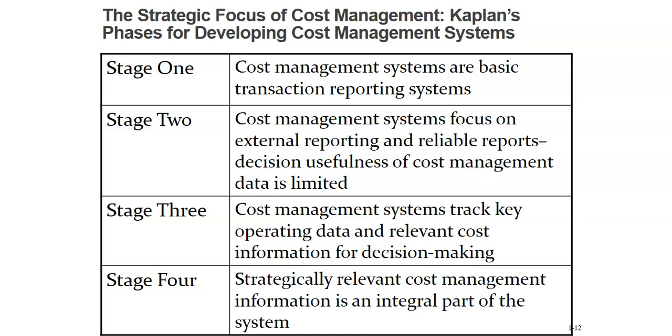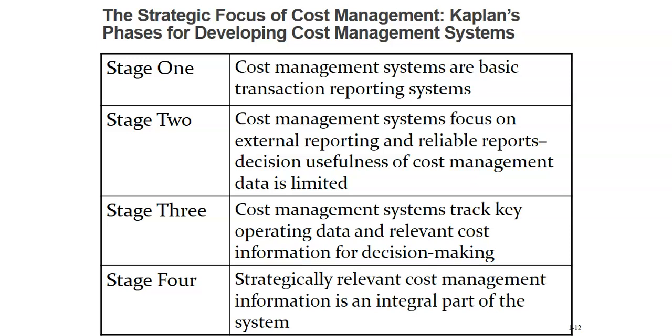our strategic decision making. In stage two, cost management has moved on to external reporting and making sure that we have reliable reports. We have limited usefulness for the data that we have available for us because we're just using it for both the transaction reporting systems in stage one and for the external reporting requirements.